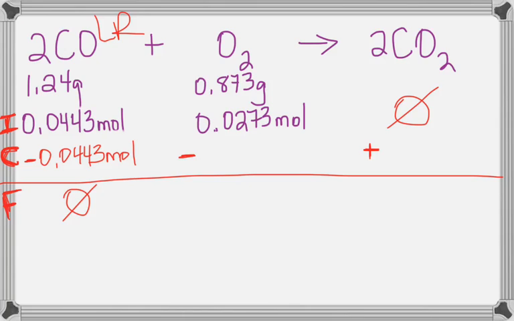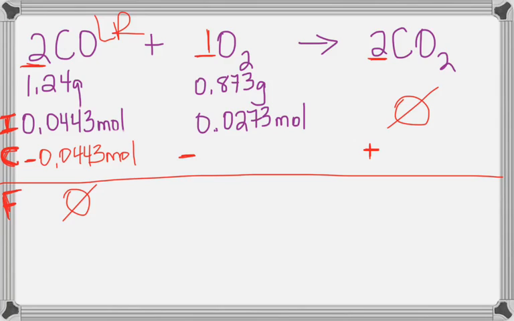Now, there's something really neat about this C line, and this only applies to the C line. The numbers that you're going to fill in here on the C line, they've got to go along with the same ratio of the balanced equation. So, see, the balanced equation is 2 to 1 to 2. That means these numbers have to follow that same pattern.